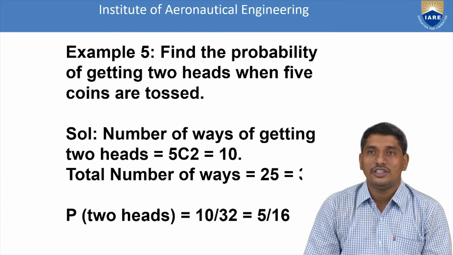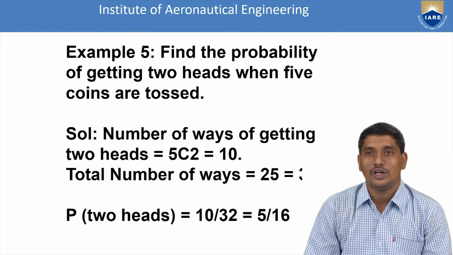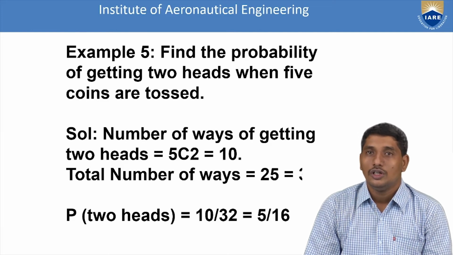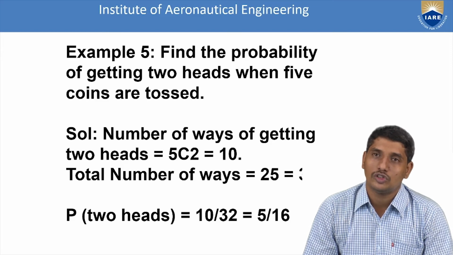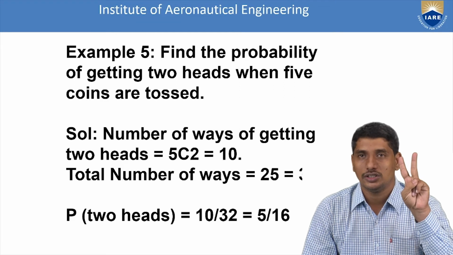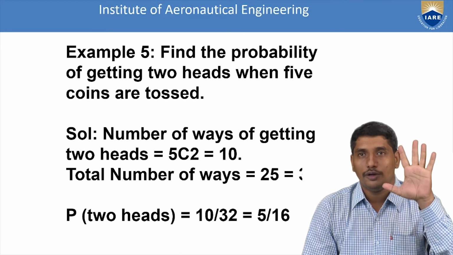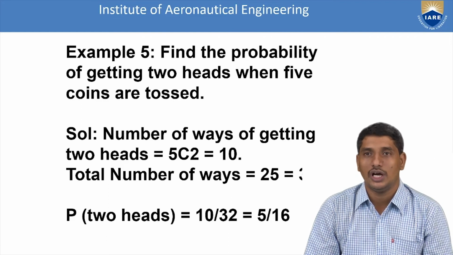And our interest is, among 5 coins, we have to get exactly 2 heads. So what are the favorable outcomes? Out of 5 coins, we are expecting 2 heads, so out of 5 we have to choose two. So 5C2 will be the correct value. 5C2 means 10.